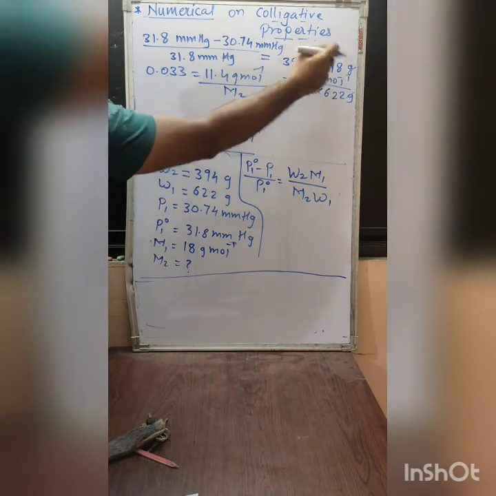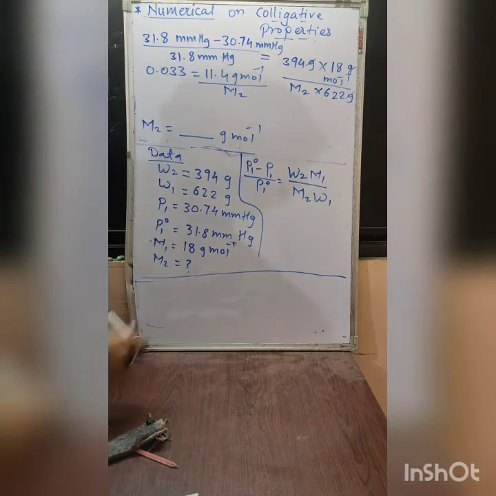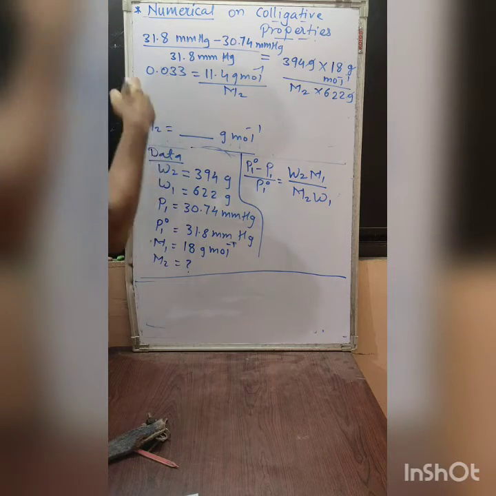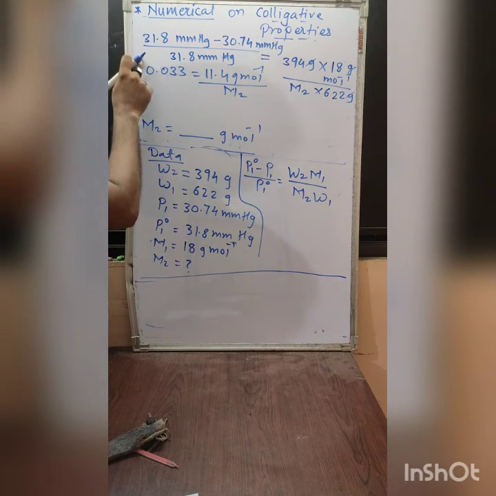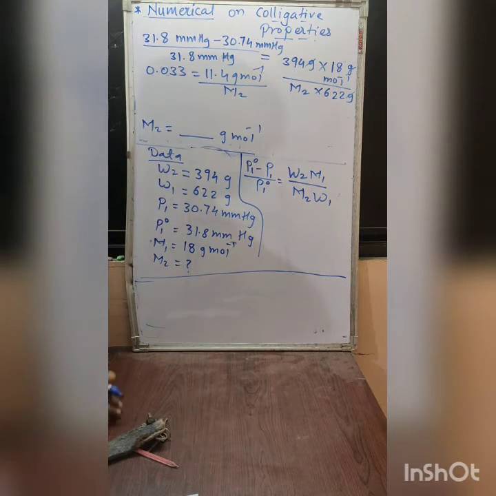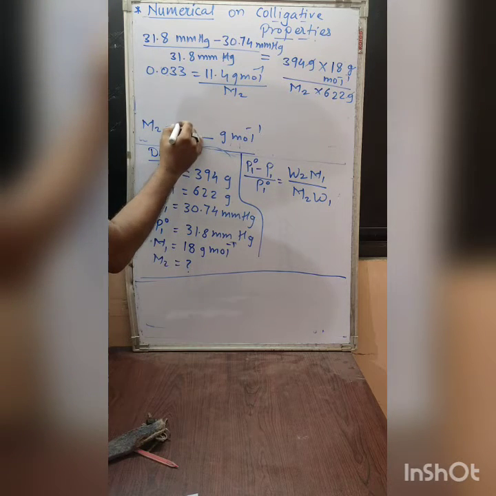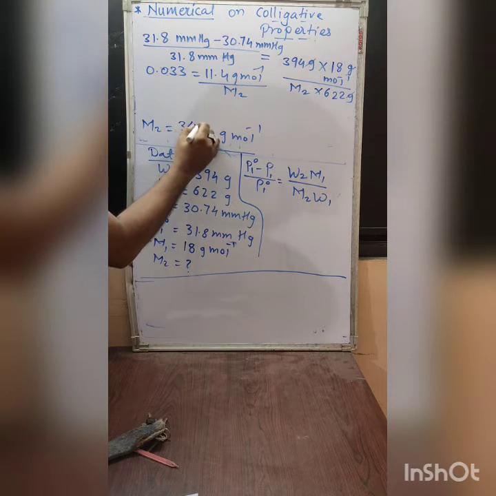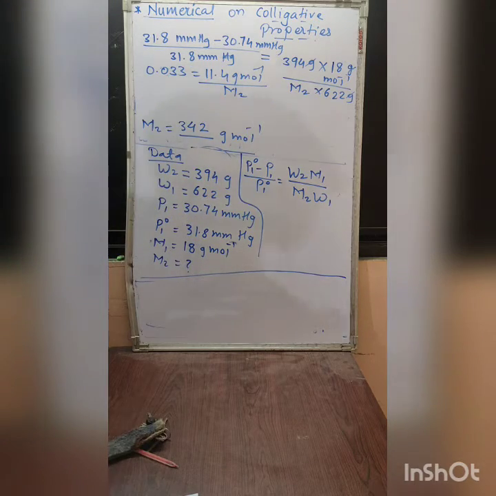So after arranging, M2 will come here: 11.4 gram per mole upon 0.033. After calculating this, we get the answer 342 gram per mole. Okay, so this is the final answer.